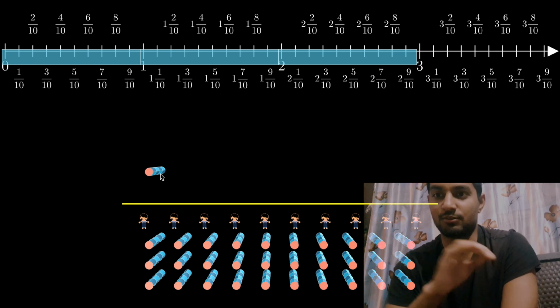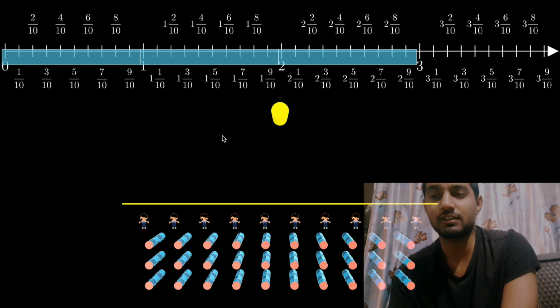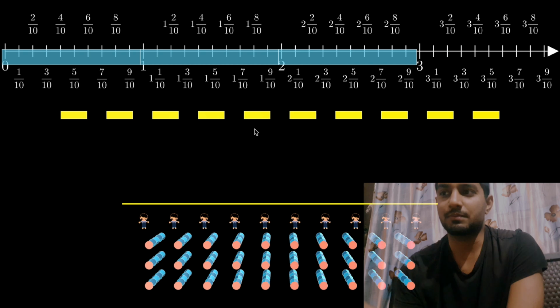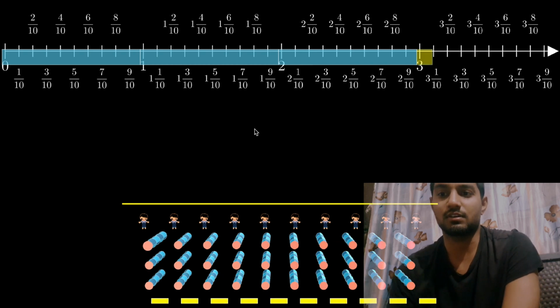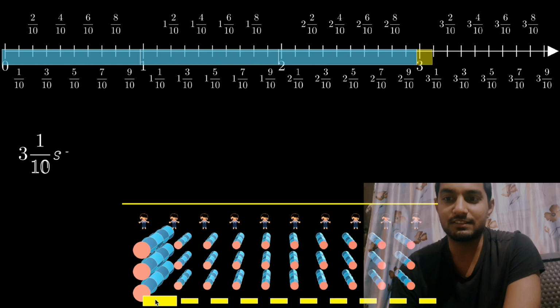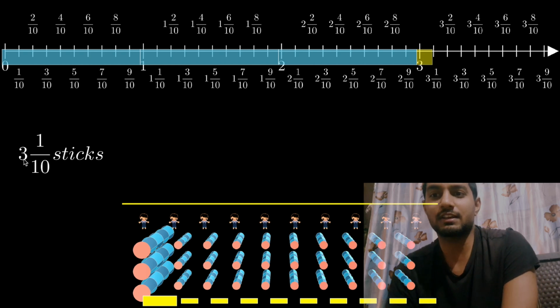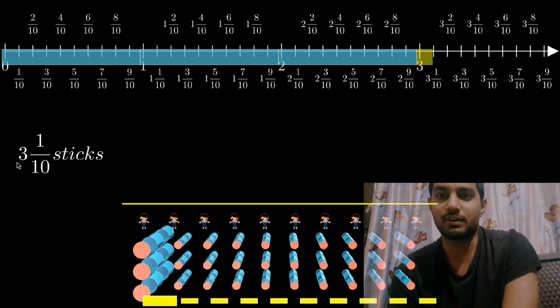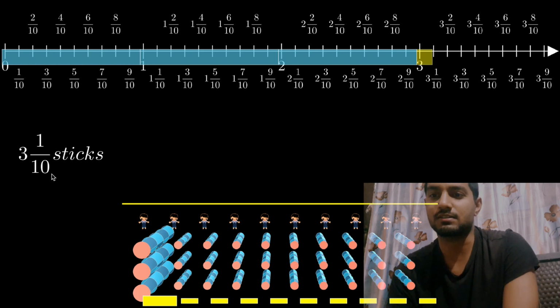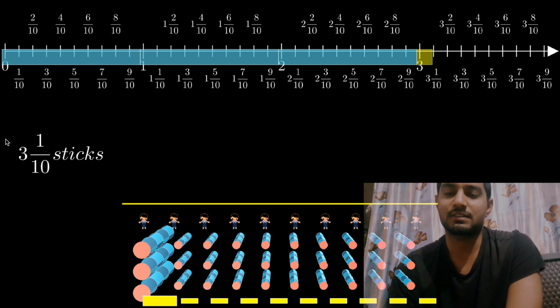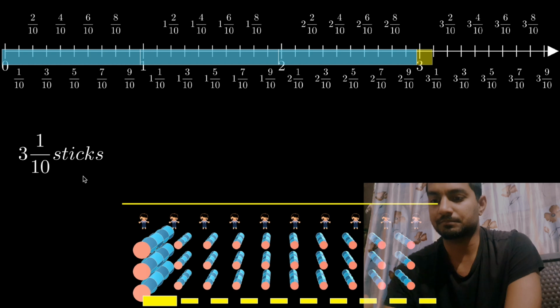We'll chunk it into small pieces and distribute these small chunks. So now each kid will get 3 sticks and this little chunk, which we call 1 by 10 of a stick. That is basically the total sticks we have.